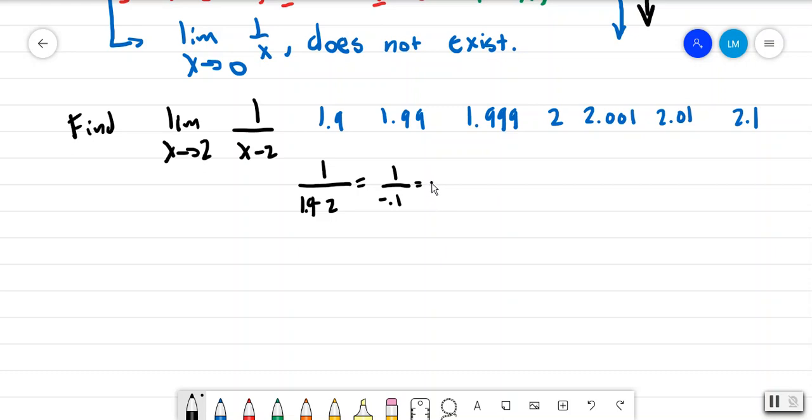Essentially we do the same thing for the next one. We plug in 1.99 and we get negative 100. If I plug in the next value, I get negative 1000. So we see that we're getting larger values but negative.